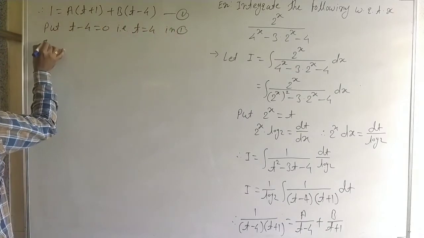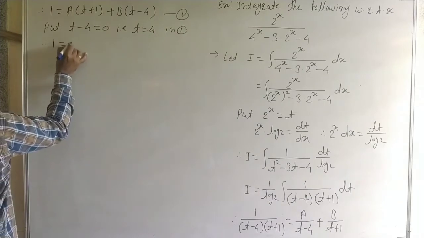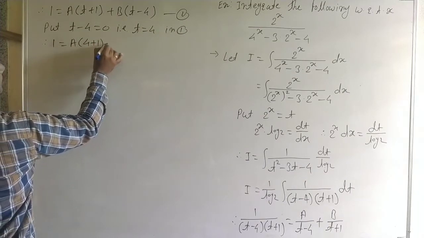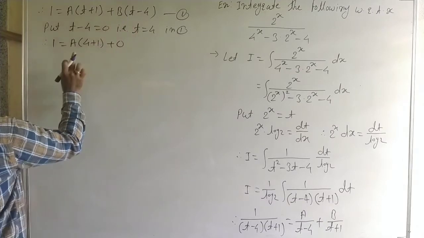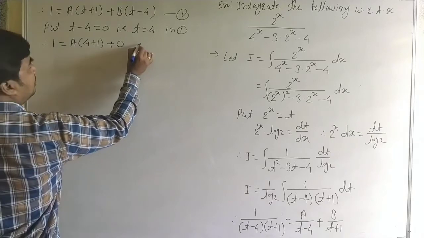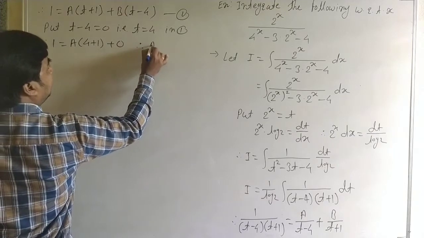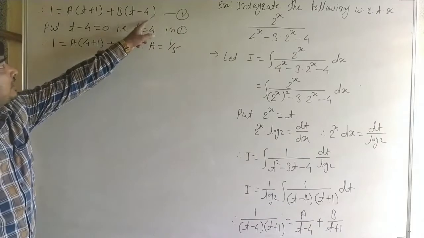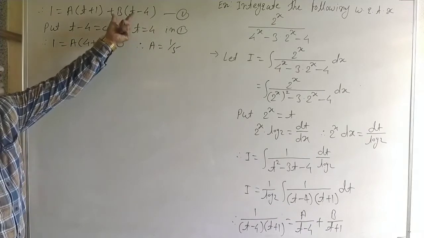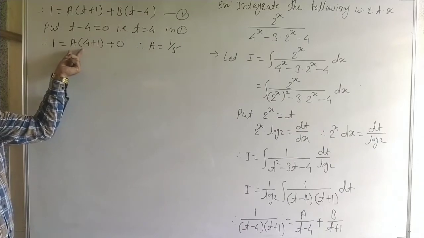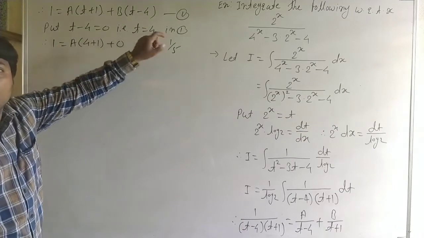Therefore 1 is equal to a into 4 plus 1 plus 0. Now here it is 5a equal to 1. Therefore, a is equal to 1 by 5.